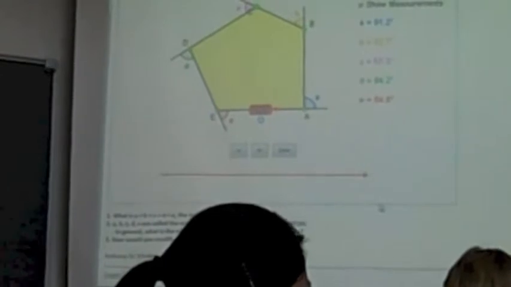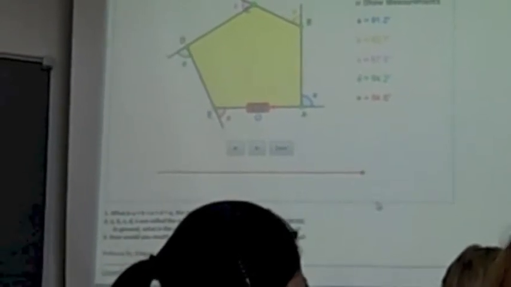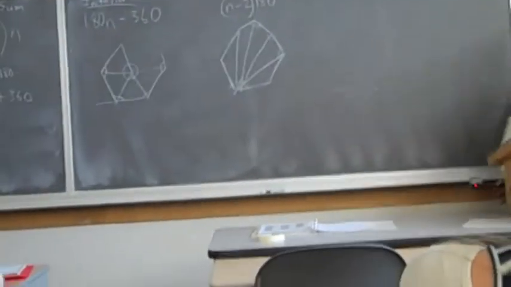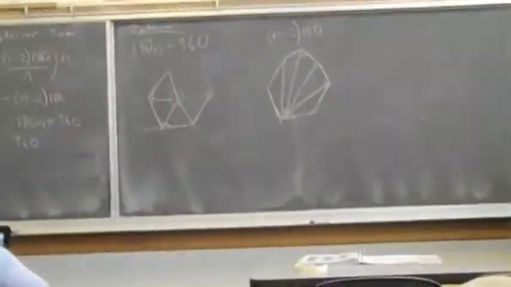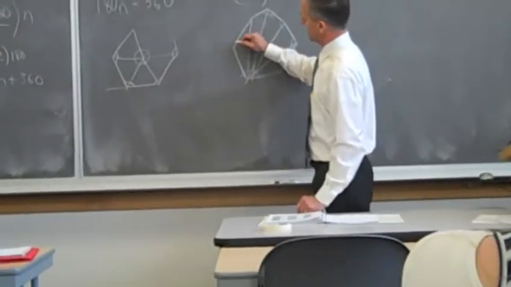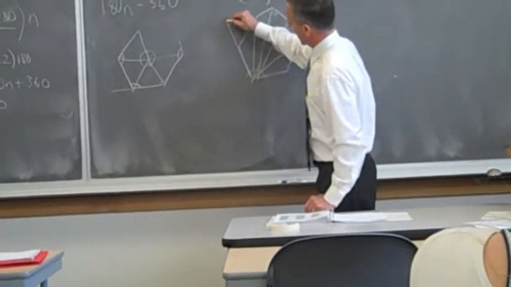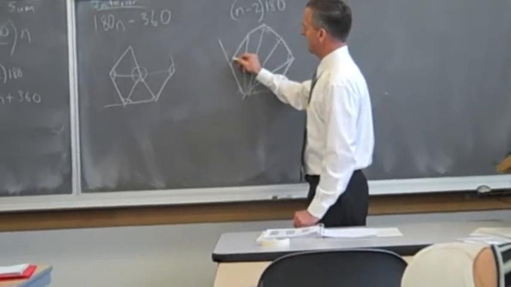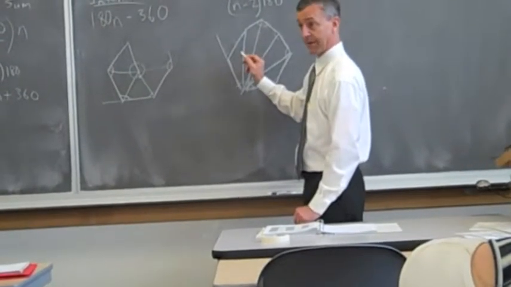Oh, by the way, if you look at any polygon, an exterior angle, for example, if we go to this vertex here, by extending this side, this right here is an exterior angle, right?